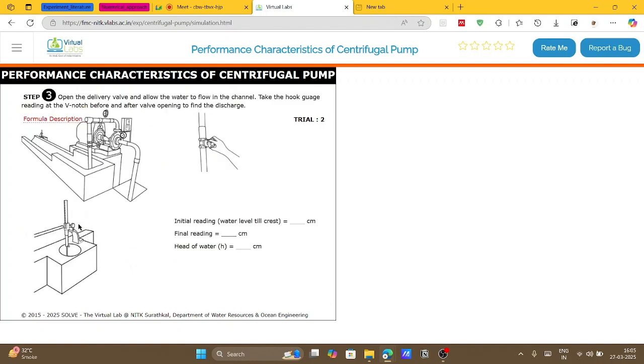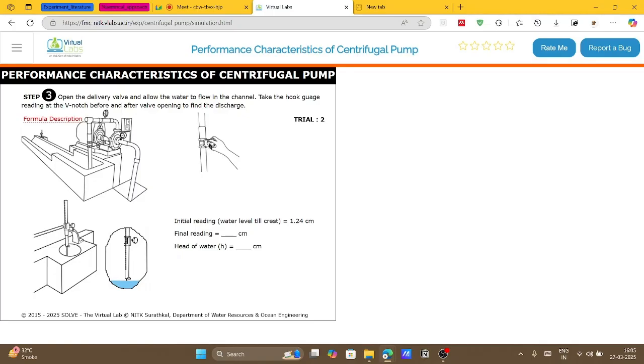Now again we have to change the flow rate and do the calculations. So what I will do, I will skip through this step. I won't be putting this calculated value again. You can do it on your own also, but we want to generate the characteristics.